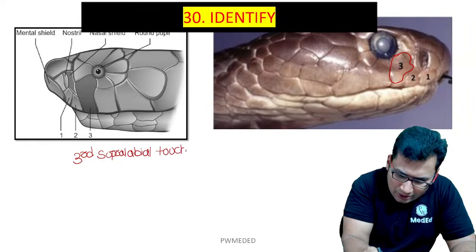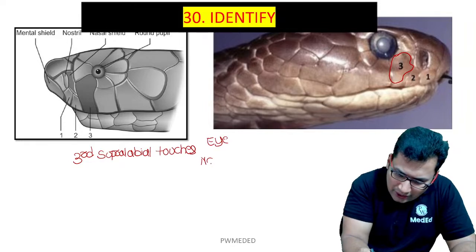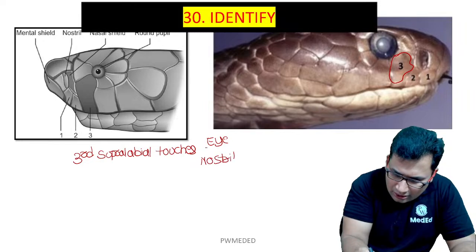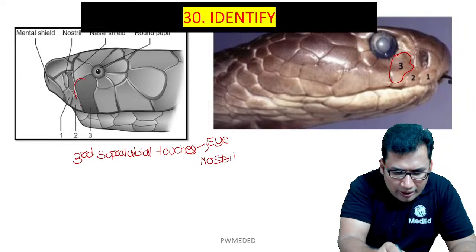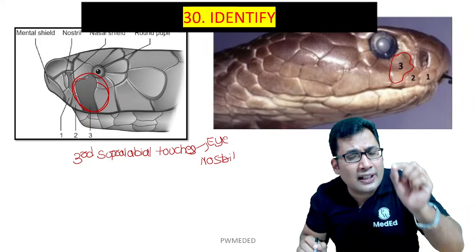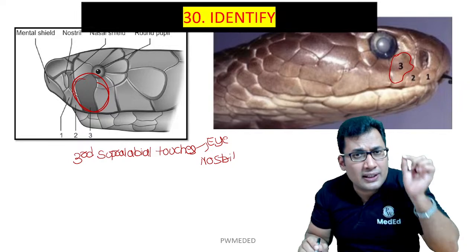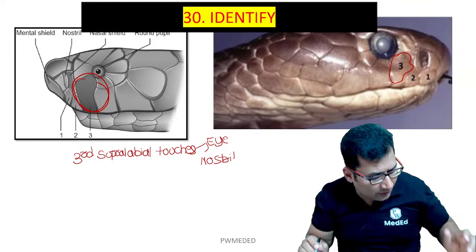So the third supralabial touches the eye and nostril. What you can see here, this is the third supralabial. It touches the eye as well as the nostril, which is a common snake in India. It is a feature of this snake.